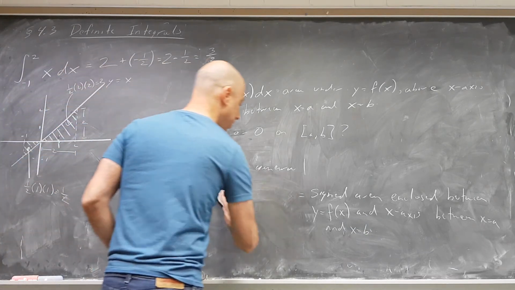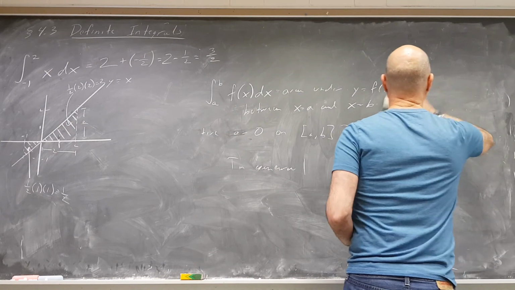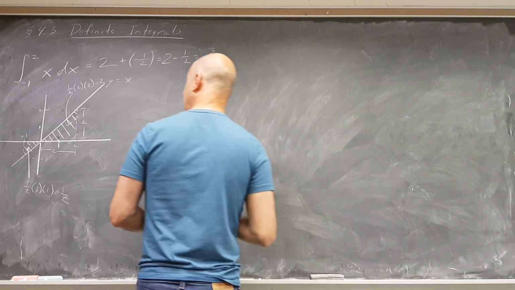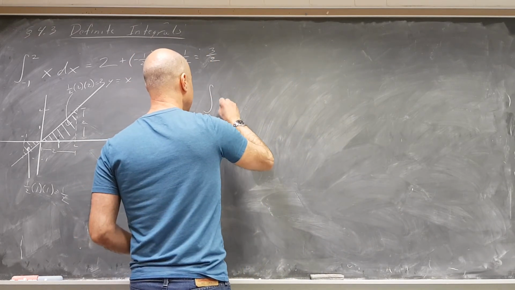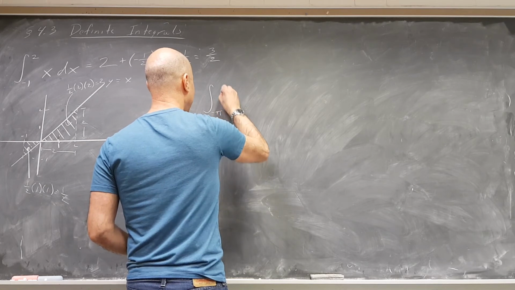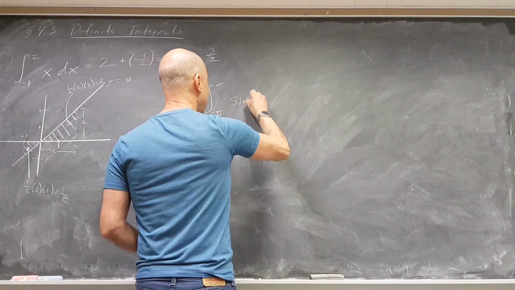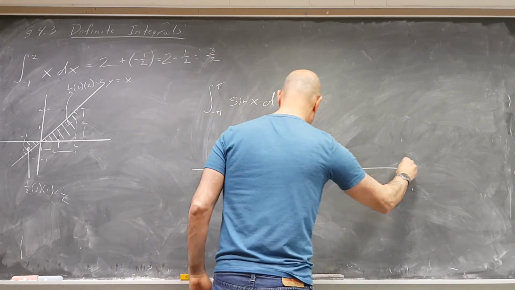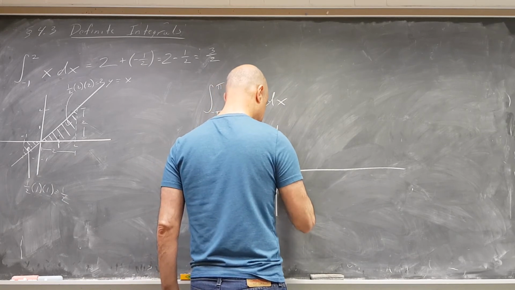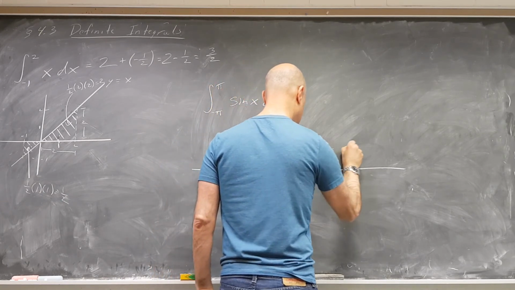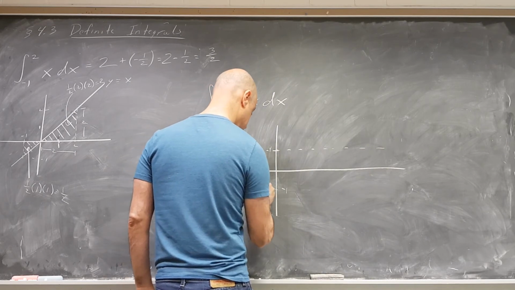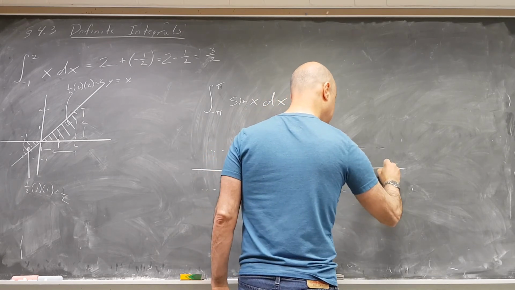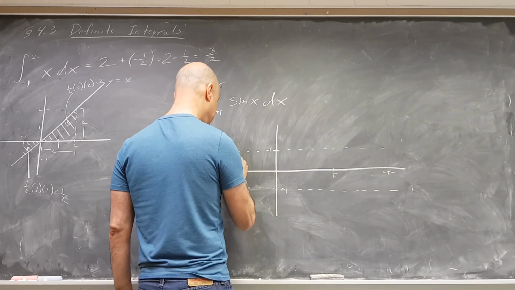Let's do another one. Let's say I ask you for the definite integral between x equals -pi and x equals pi of sine x dx. So we know what the sine curve looks like. So let's say here's pi, here's 2 pi, here's -pi.